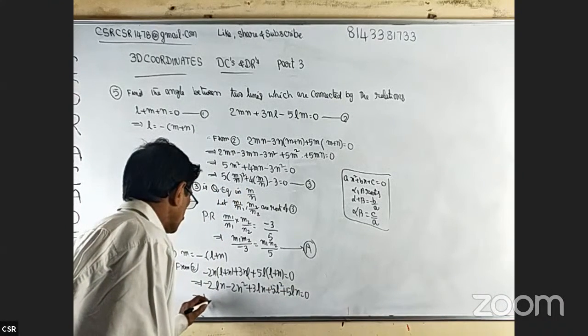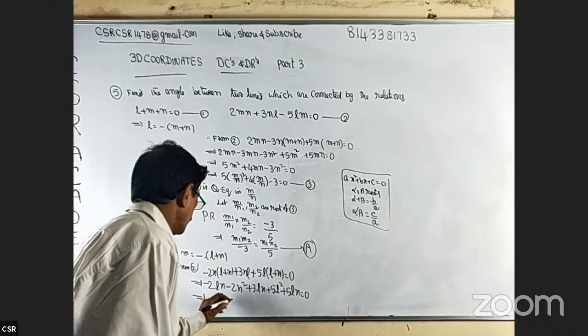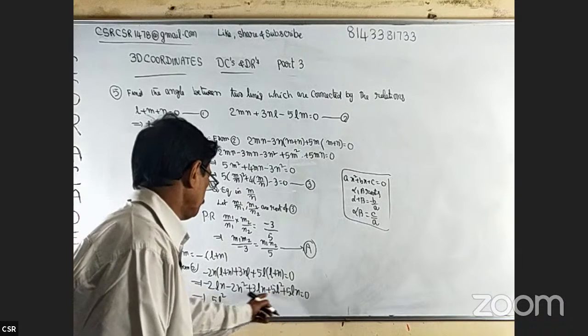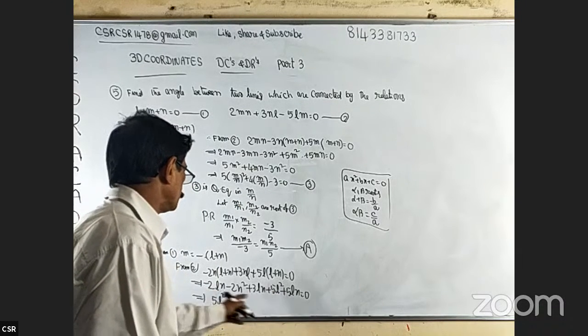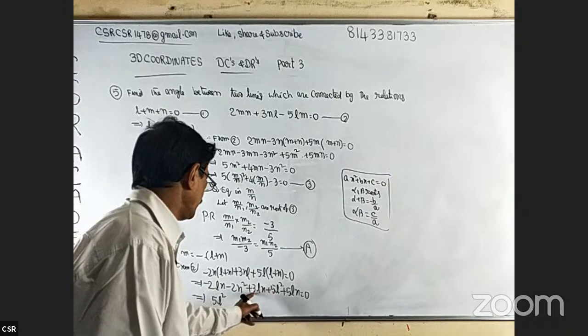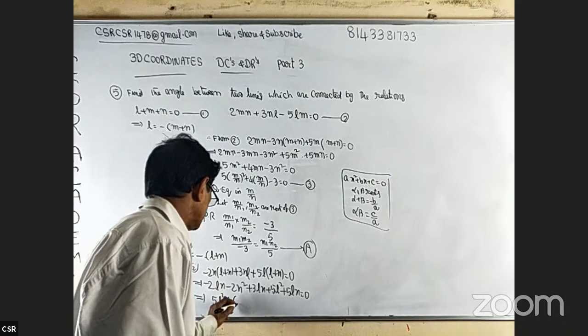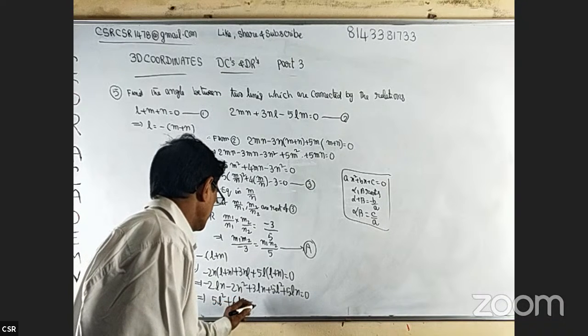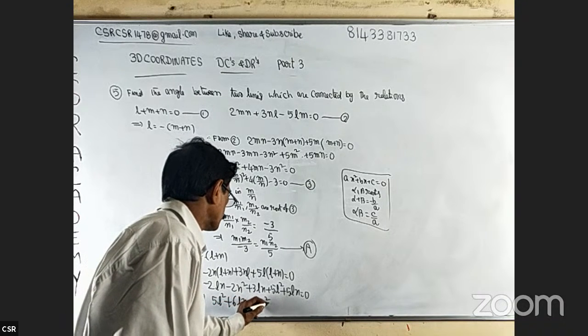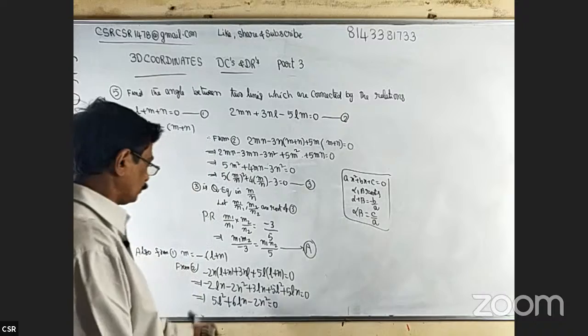Write this in order: 5l square, 5 plus 3, 8 minus 2, 6ln minus 2n square is equal to 0.